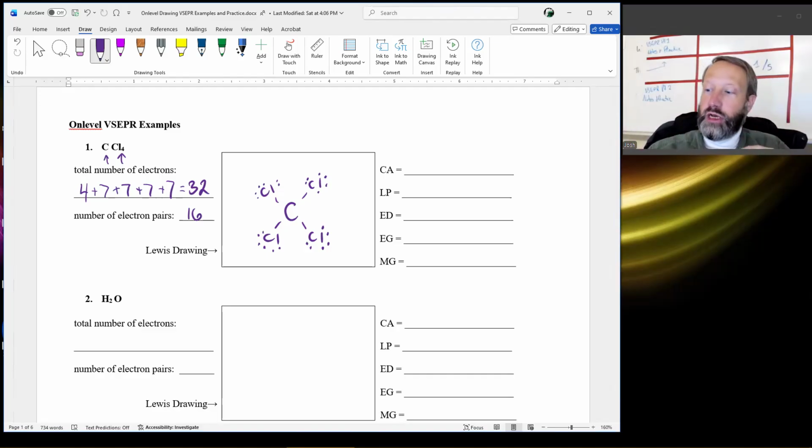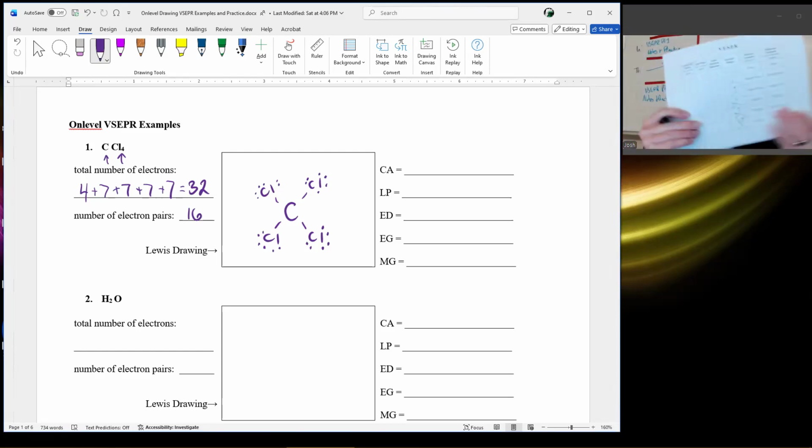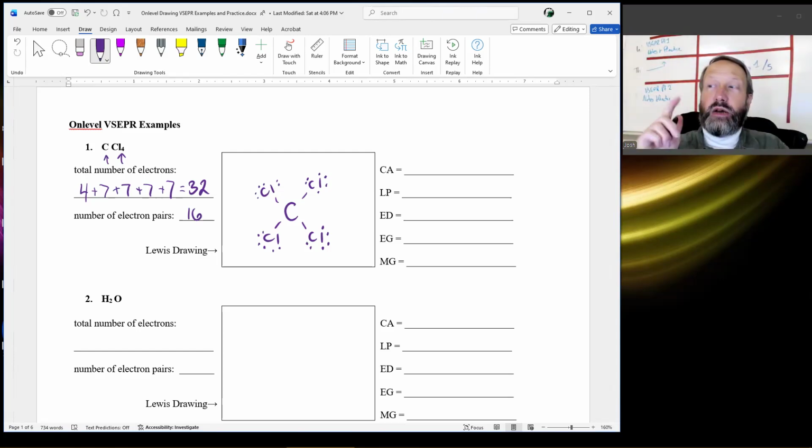The whole point of our VSEPR chart is that we use the information from our quick little sketch that's 2-dimensional to find what the 3-dimensional information would be. So CA is connected atoms. How many atoms are connected to carbon? Well, 4. How many lone pairs, now be careful, lone pairs on the center atom, how many lone pairs are connected to carbon? 0.